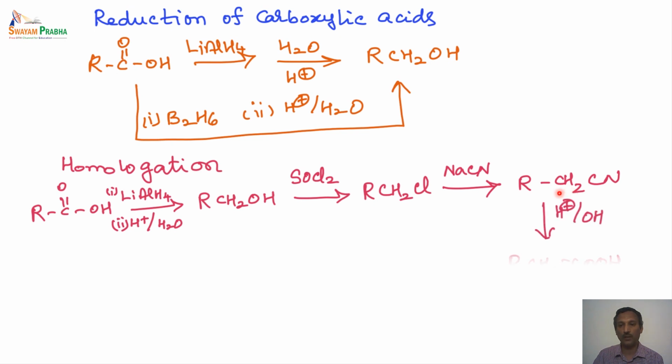This cyano derivative on hydrolysis produces the corresponding carboxylic acid. So by that, if we have RCOOH as the starting material, we end up with RCH2COOH. So one carbon is added, that is the homologation of the carboxylic acid has happened through the reduction followed by other functional group transformations.